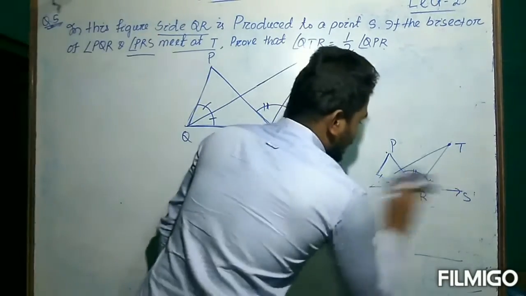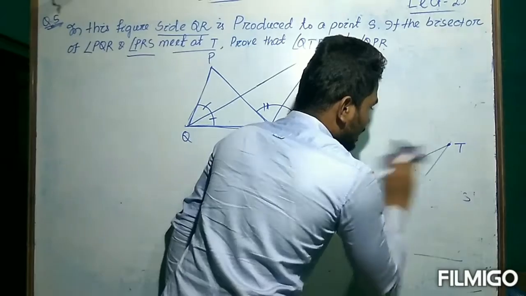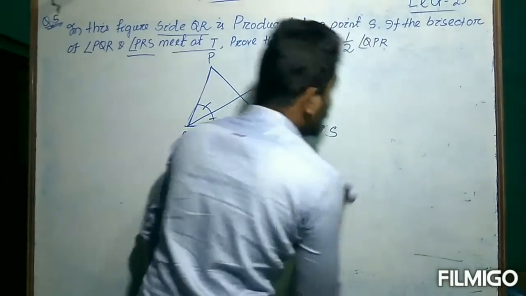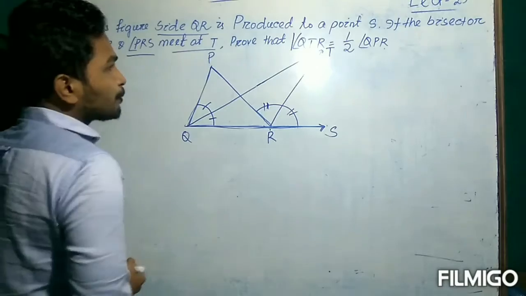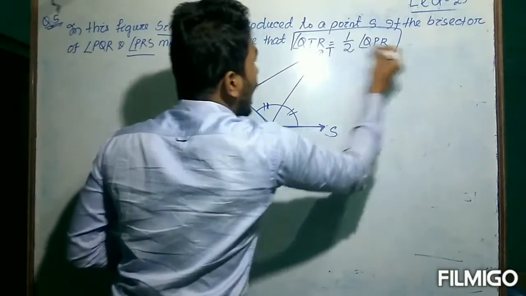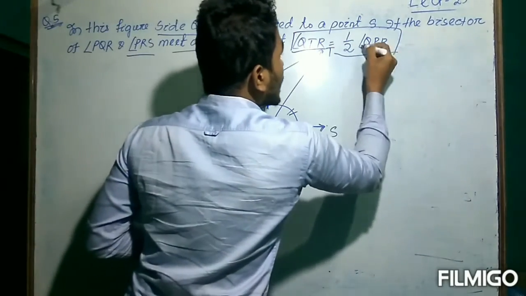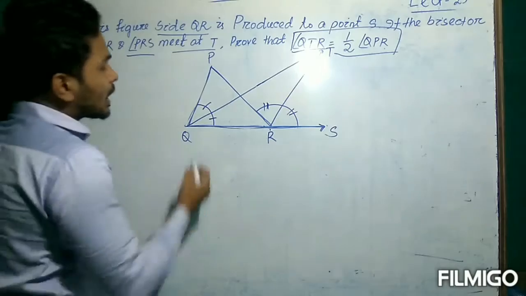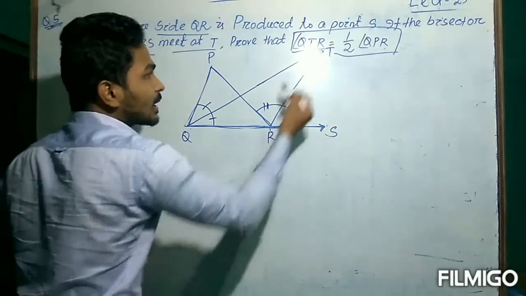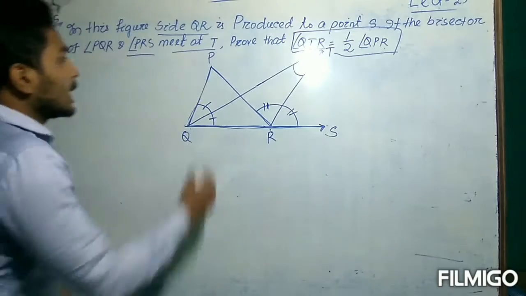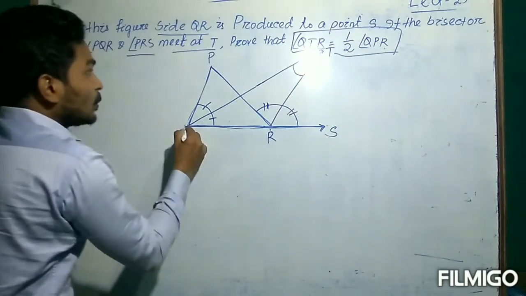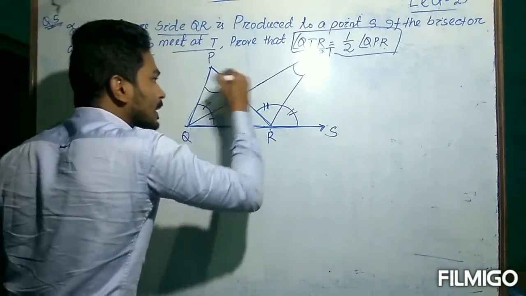Next, from this data, we have to prove that QTR is equal to half of QPR. You have to show that this angle is equal to half of this angle.